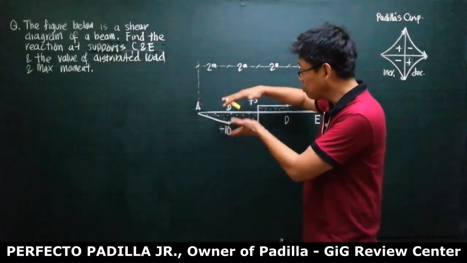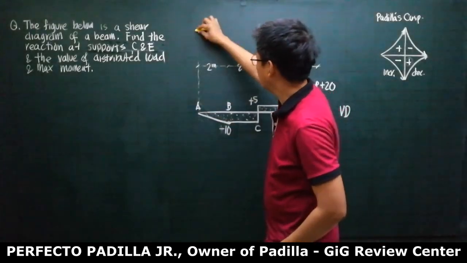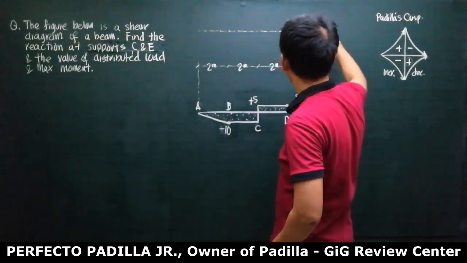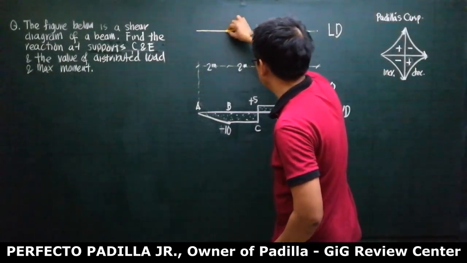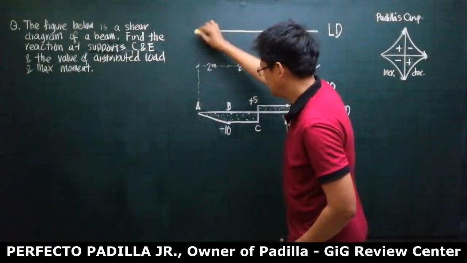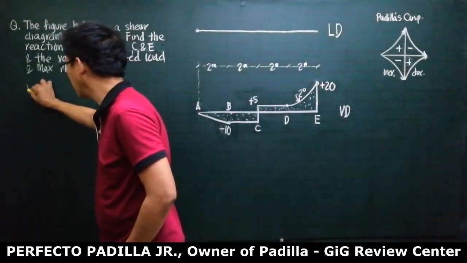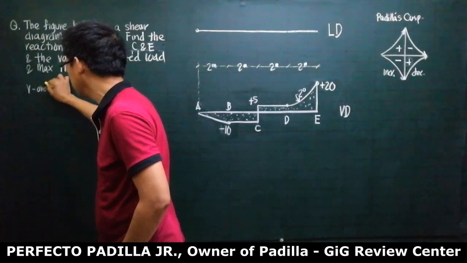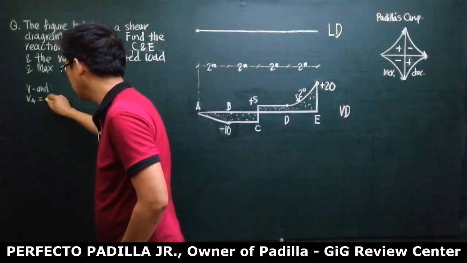The load diagram will be done backwards. Now, starting with A for our load diagram, so this is the load diagram axis or the beam itself. Starting with 0, we know here that when we write our shear ordinates, the shear at A begins at 0.